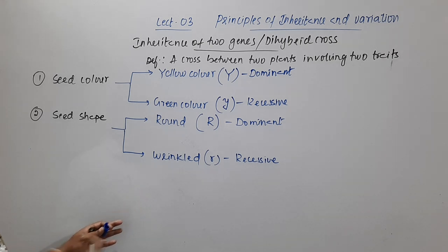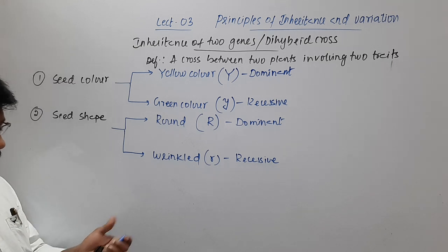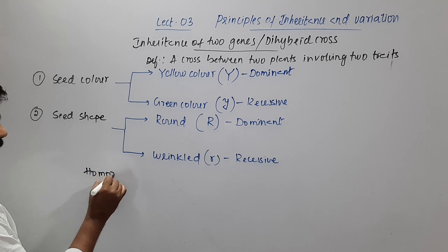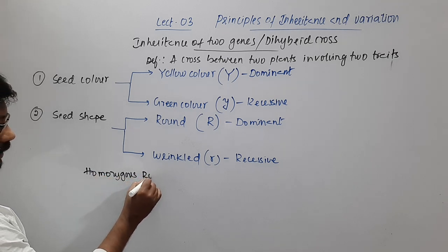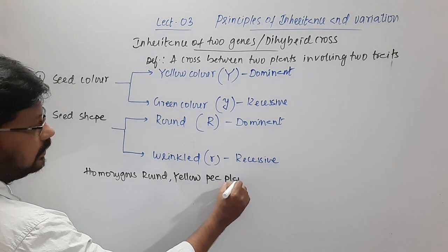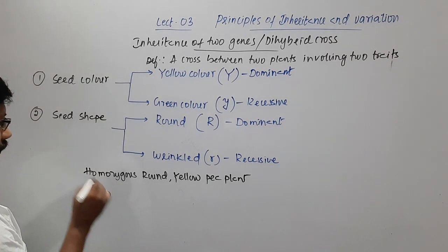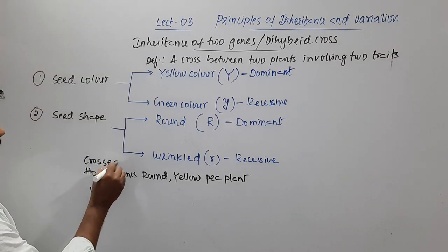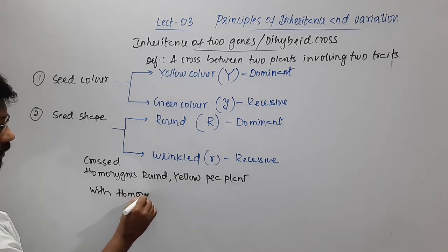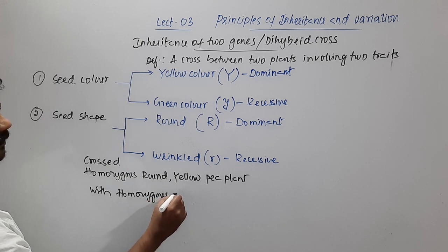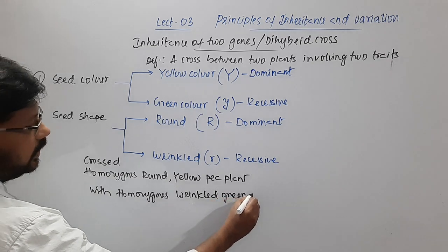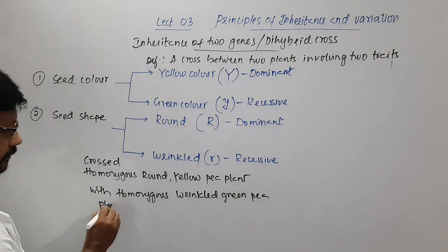So now what he has done is he crossed a homozygous round yellow pea plant with a homozygous wrinkled green pea plant.